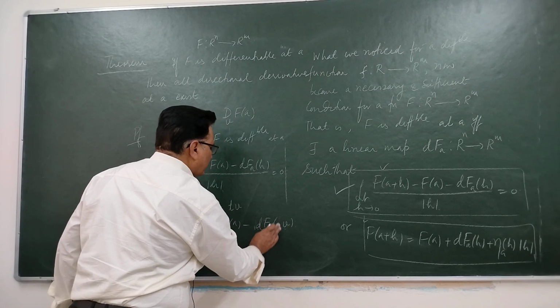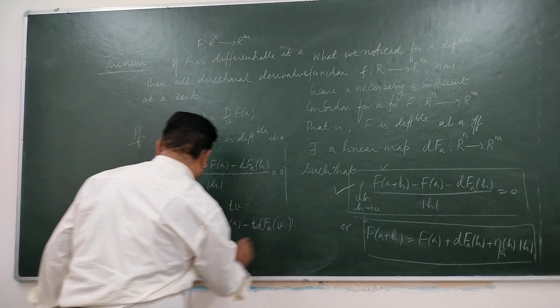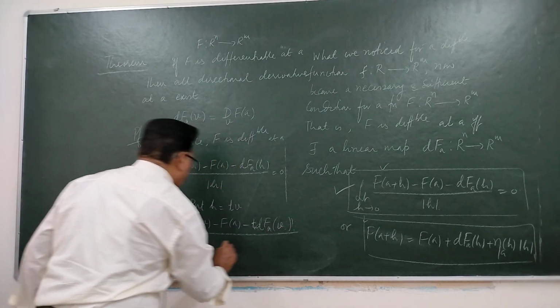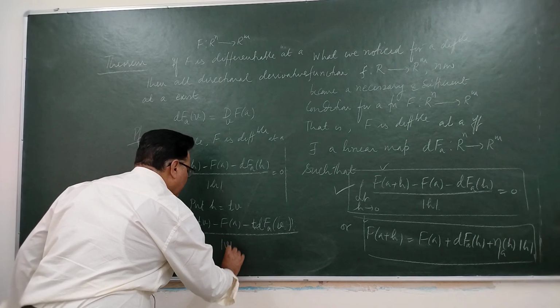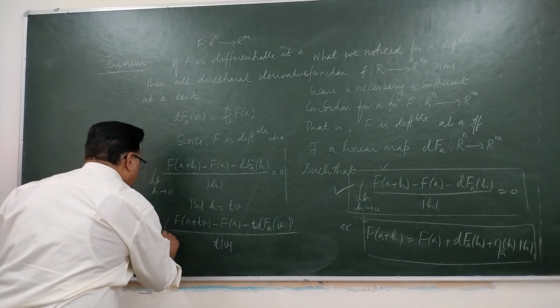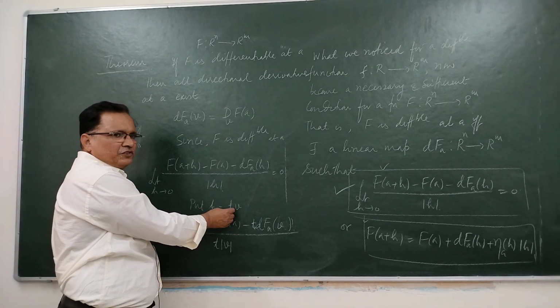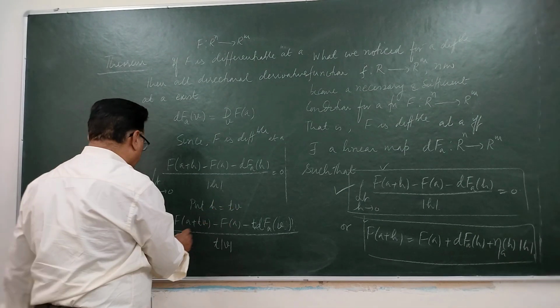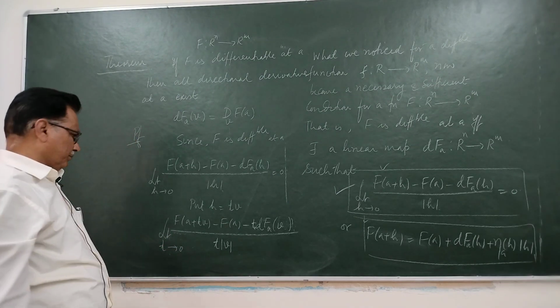And t being a scalar will come out, since df(a) is linear, divided by mod of tv. So it means mod of v into t, and the limit when h tends to 0 if and only if t tends to 0. So I can replace the limit by t tends to 0.